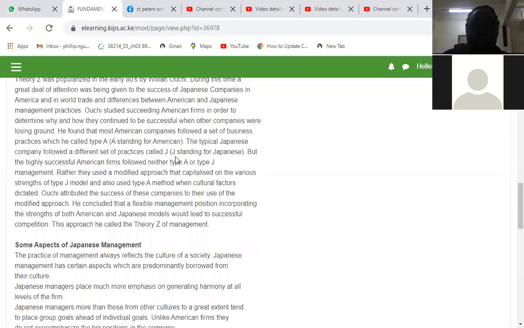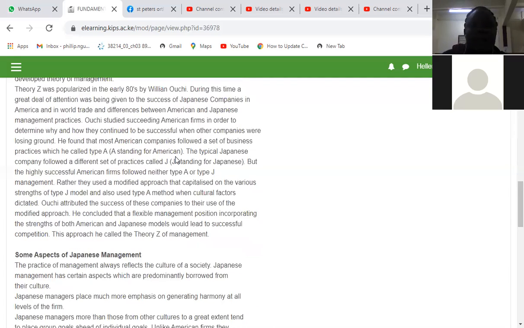Okay. So this Theory Z was popularized in the 80s by William Ouchi. During this time, great attention was being given to the success of Japanese companies. So the managers only wanted to look at the success of the companies.